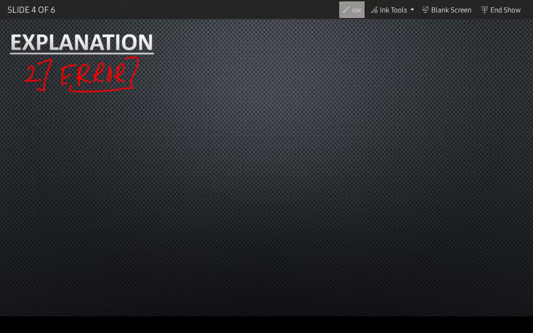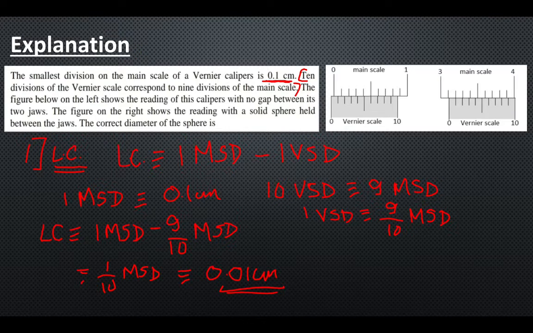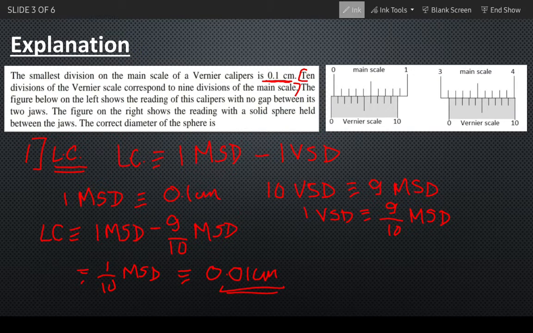So calculating the error, we usually calculate it by watching the nearest division on the main scale which corresponds to the 0 of the vernier scale. So here it corresponds to 3.1.